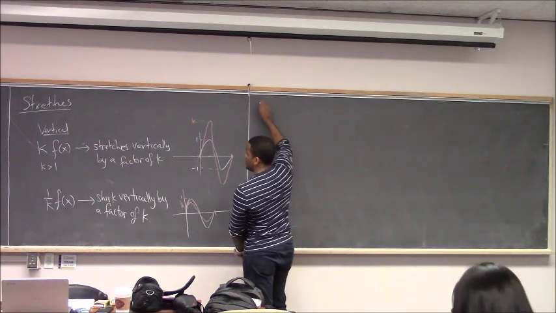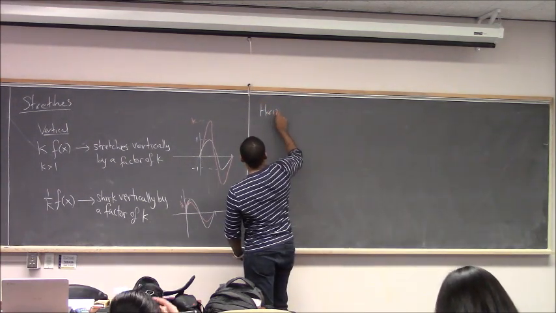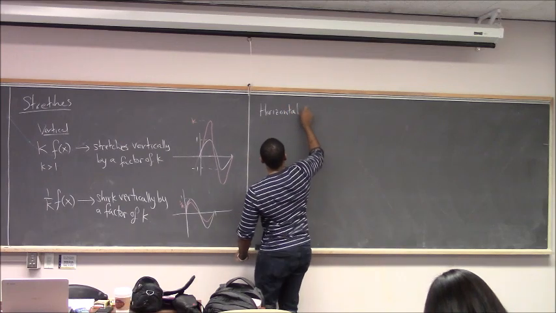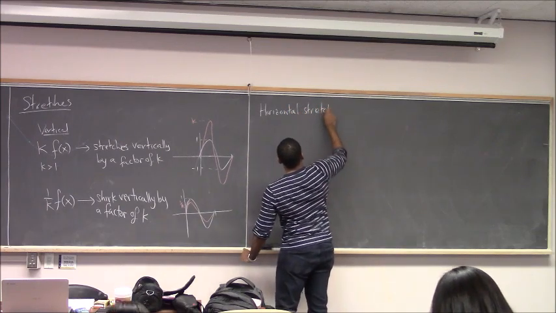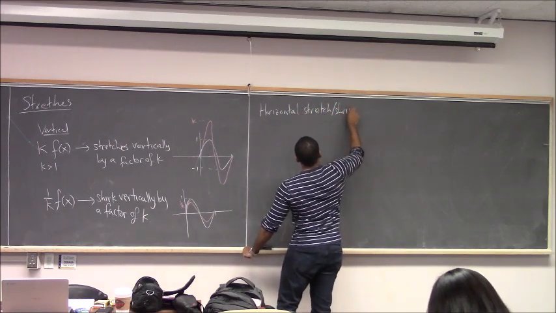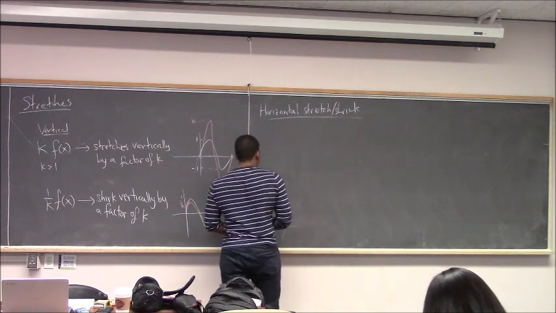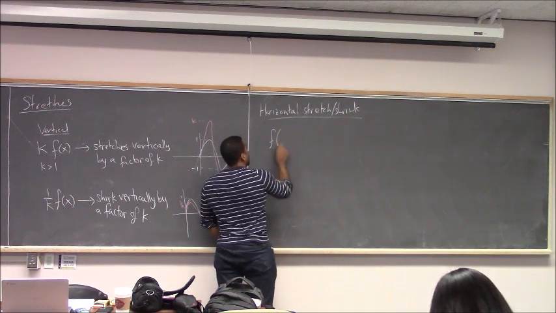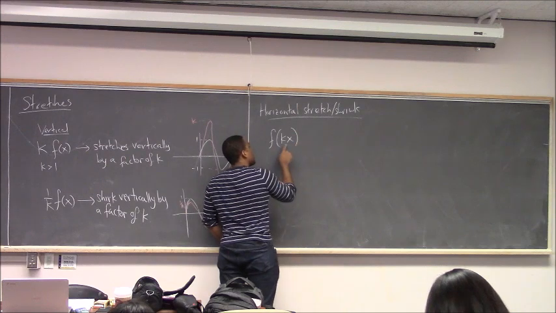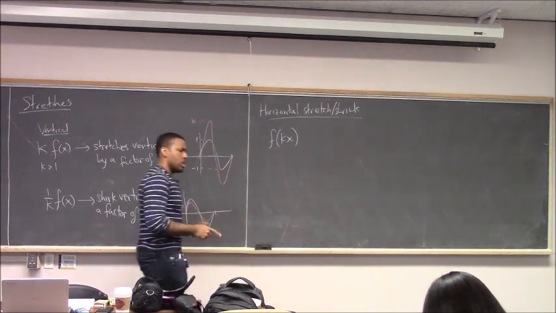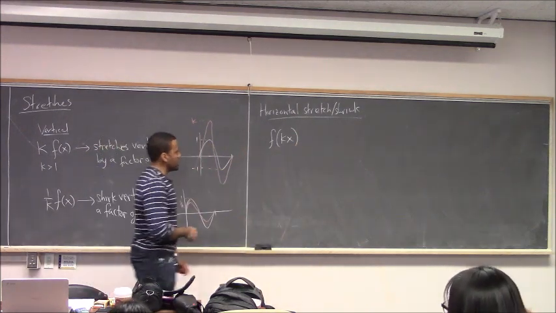You can also do horizontal stretch and shrink. One thing you want to notice is that when you're affecting the x, things often work in the opposite way that you would intuitively think.